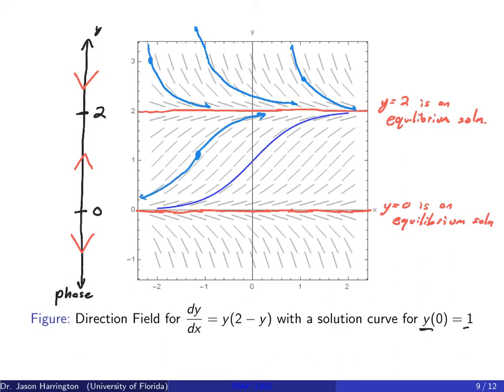Or if I were to pick, say, (1, 1), which would be right here, it would be increasing towards the equilibrium solution to the right. Now, since all the solutions are getting closer and closer to the equilibrium solution, that's why we call this one stable.